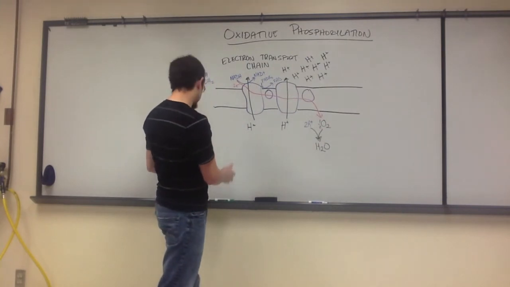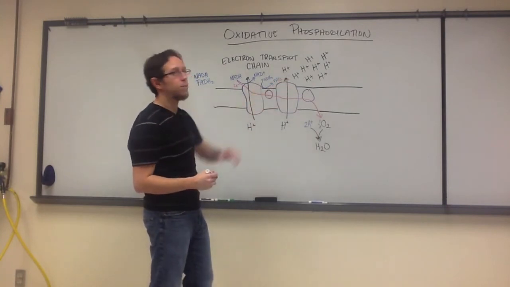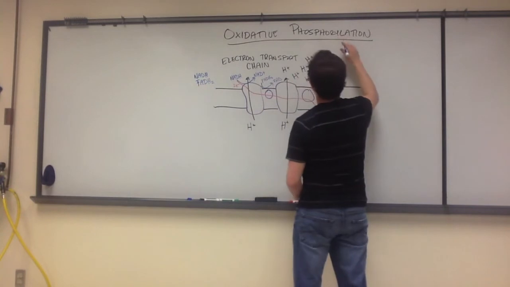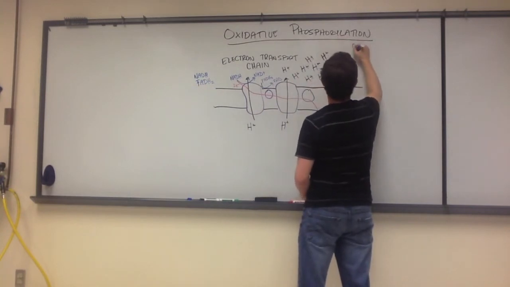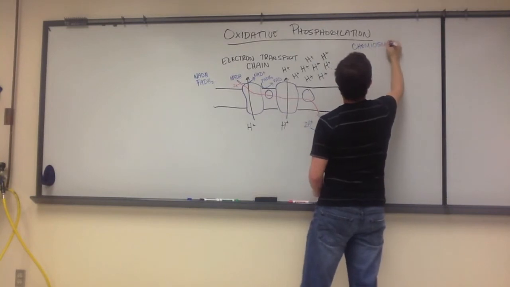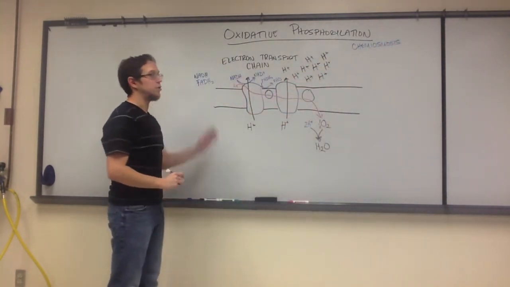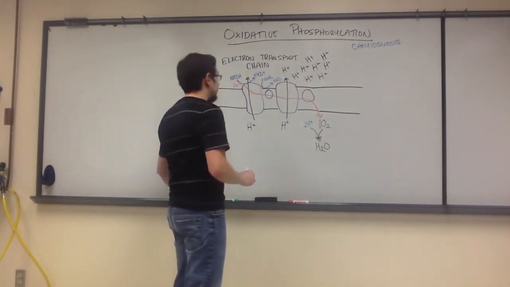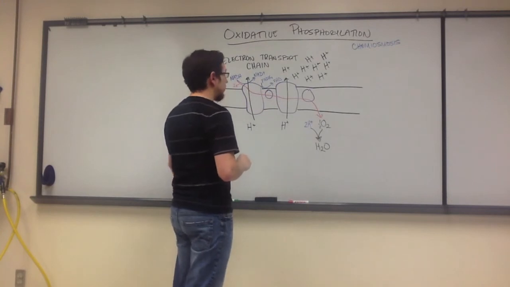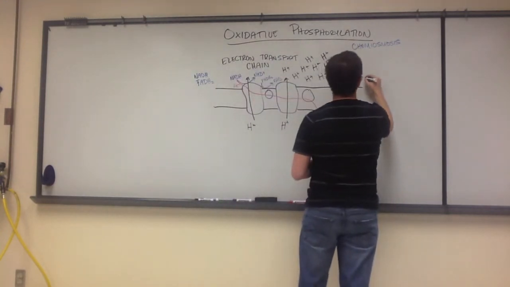And the protein used in this particular process is used in conjunction with these protons in a process that's the second part of oxidative phosphorylation called chemiosmosis. We're going to use a proton gradient to perform work as these protons diffuse down their gradient. And the protein involved in that process looks like this.